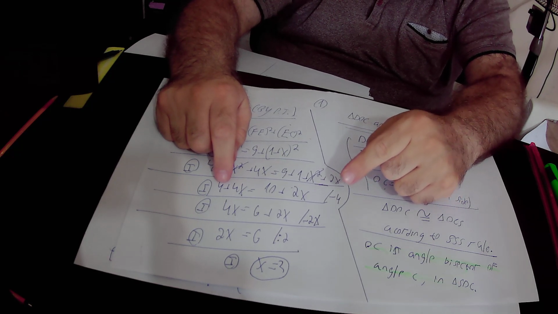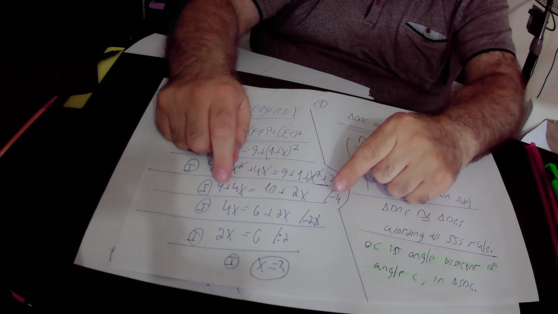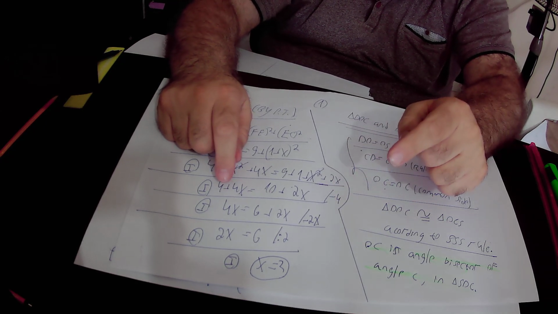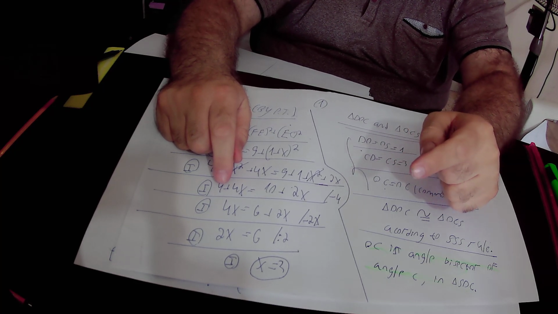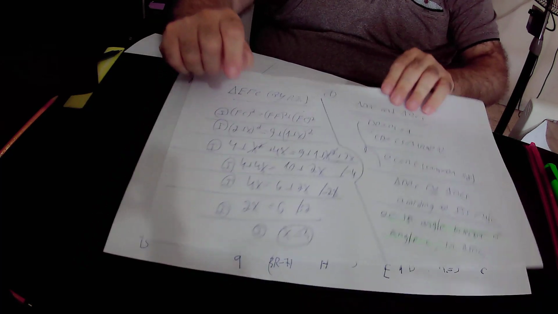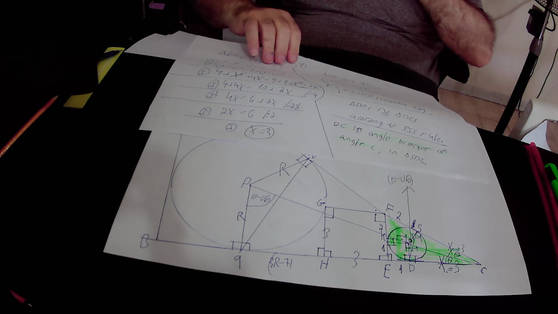We subtract 2x and find that 2x equals 6. Then we divide by 2, and we find that x equals 3.